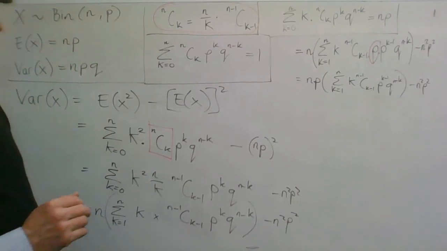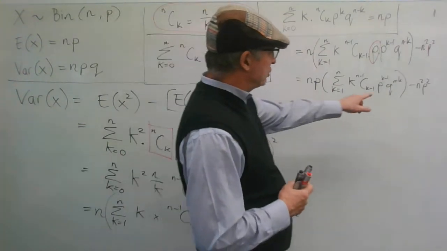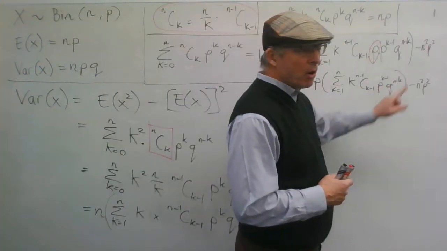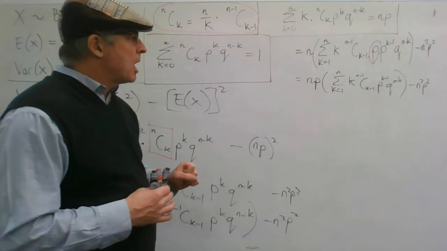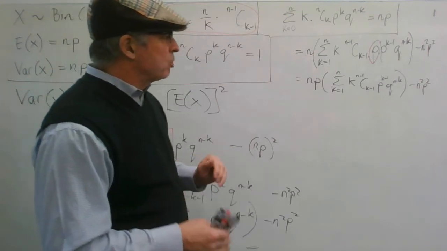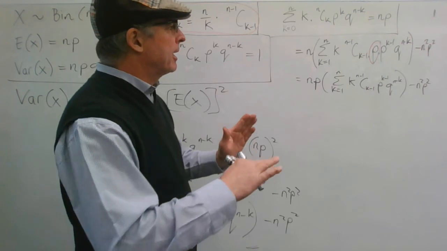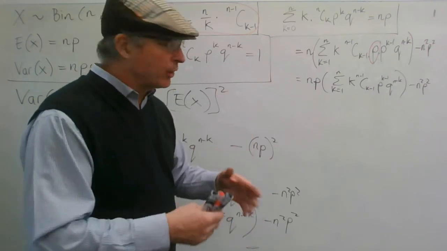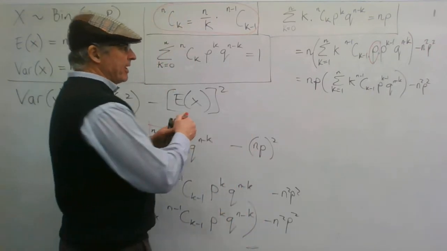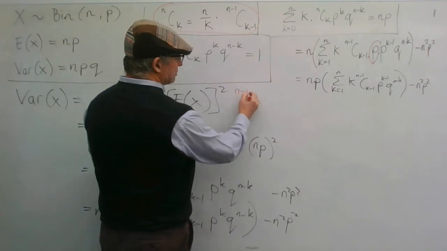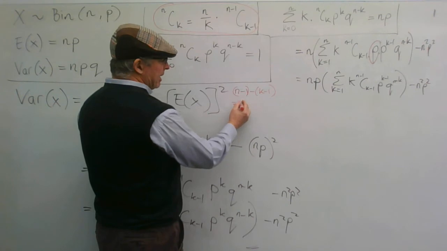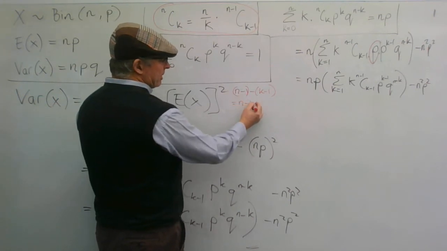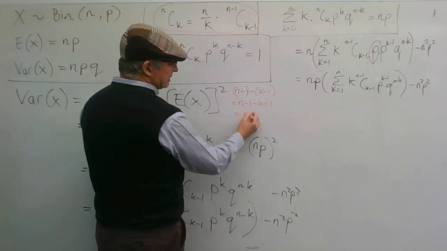So we're really starting to get down to where we can start making some substitutions. And the last thing I want to do is change this, instead of n minus k, to n minus 1 minus k minus 1, so it will work out nicely. So I'll just write that here, n minus 1 minus k minus 1. If I expand that, I get n minus 1 minus k plus 1, which is n minus k, right?